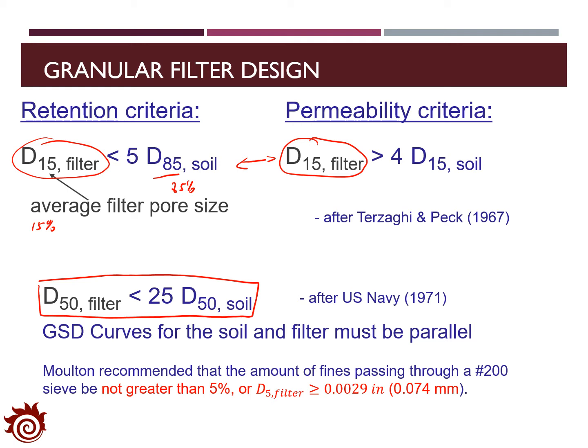Moreover, Mountain also recommended that the amount of the fine passing through number 200 sieve must be less than 5%, or the D5 filter should be larger than 0.0029 inches, or that is 0.074 millimeters.